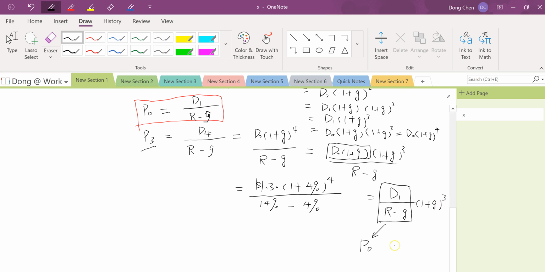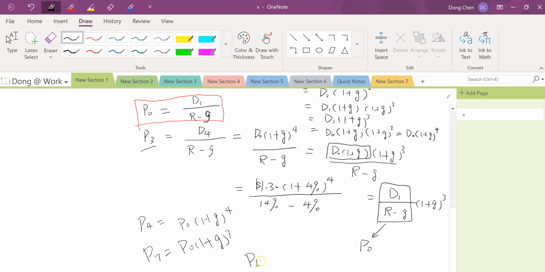So you can see that based on this equation, the price will also grow at the same rate as this small g. So from that observation, we can simply write down P4 as P0 times (1 plus g) to the fourth power. And P7 will be P0 times (1 plus g) to the seventh power.